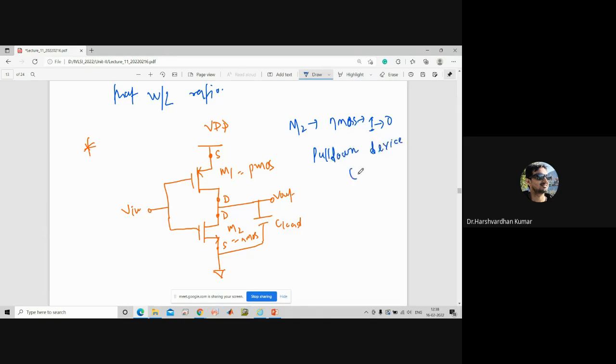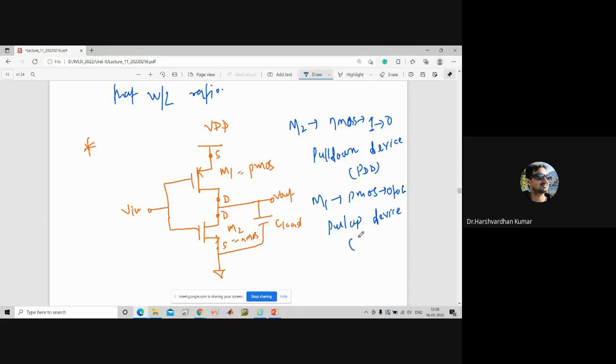So you can also say PDD. Okay, now if you talk about the PMOS, it is responsible for the 0 to 1 transition. So it means that it is acting as a pull up device, right?